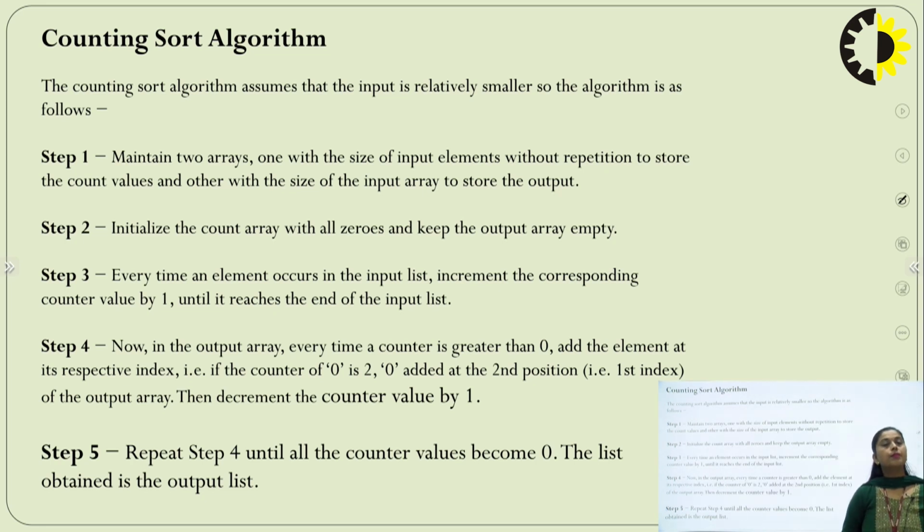Step number 2: we initialize the count array with all zeros and keep the output array empty. Step number 3: every time an element occurs in the input list, increment the corresponding counter value by 1 until it reaches the end of the input list.